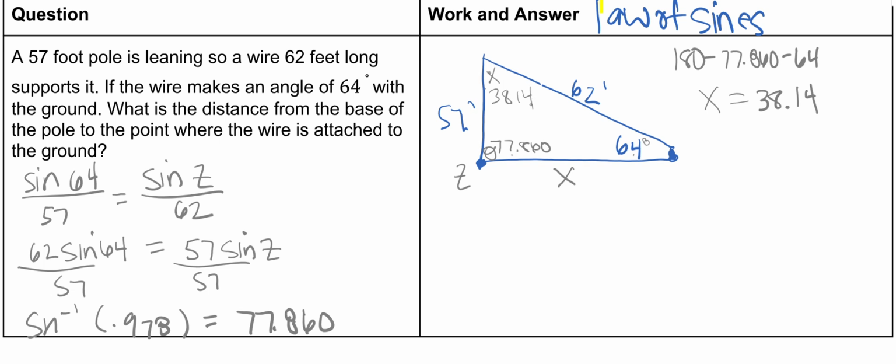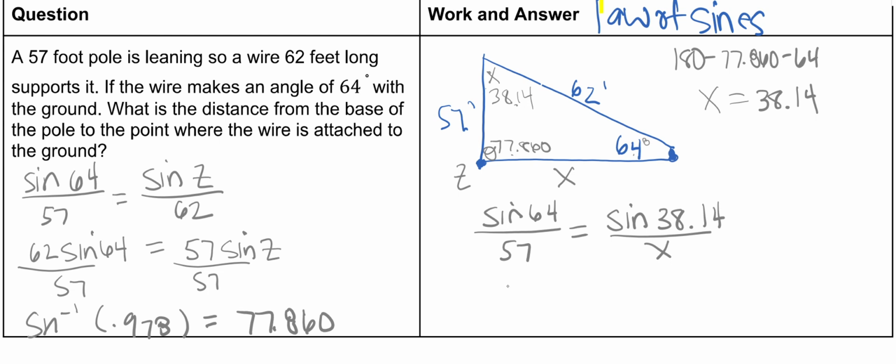So if I do, again, the sine of 64 divided by 57, that equals the sine of 38.14 divided by x.